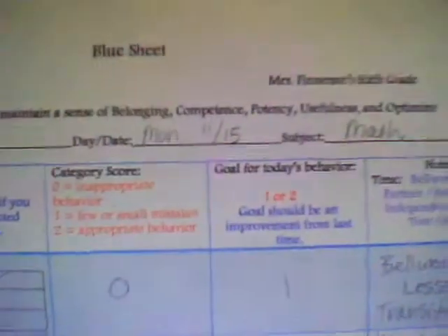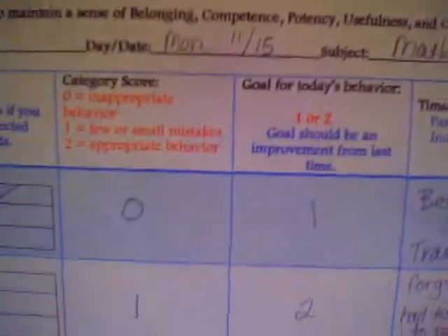They also look at the check marks after class to gauge and give themselves a category score. So this doesn't take a lot of time away from class. They simply make a check mark if they realize, oh, I blurted out, I talked without raising my hand, or I interrupted somebody, or I wasn't prepared for class, I forgot my pencil. You give yourself a check mark for that.